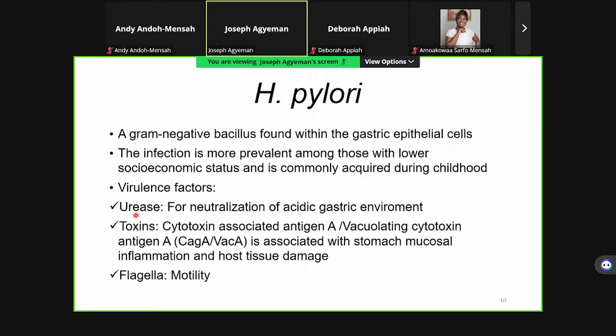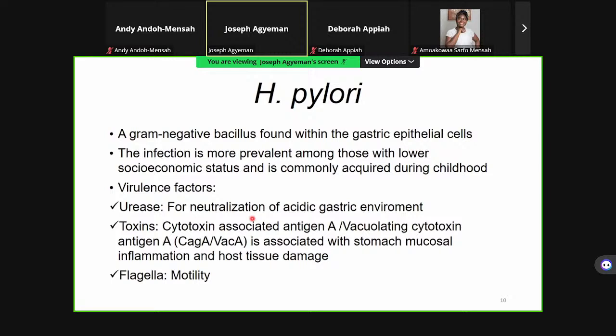When this urease is around, it is able to break down urea into ammonia and carbon dioxide. The ammonia is basic, and therefore it can neutralize the acid within the surroundings, just as bicarbonate can do.